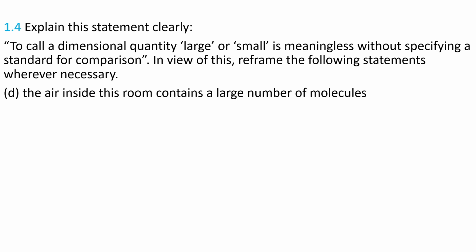Now the fourth statement is the air inside this room contains a large number of molecules. Here again there is no comparison over which we can say large, based on what. So we can assume that this room contains maybe a box, and the box contains air itself.